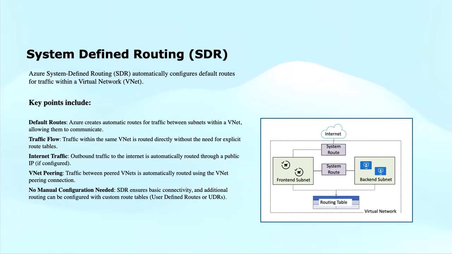We have some virtual machines or resources that are running, and we can get them connected. But in case I want to do traffic shaping based on my requirement, I have the choice to override these system-defined routes using my user-defined routing.